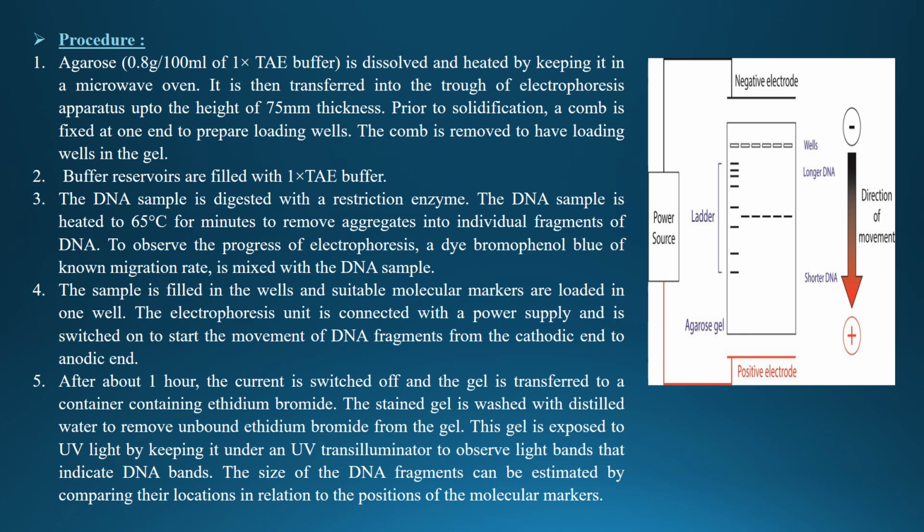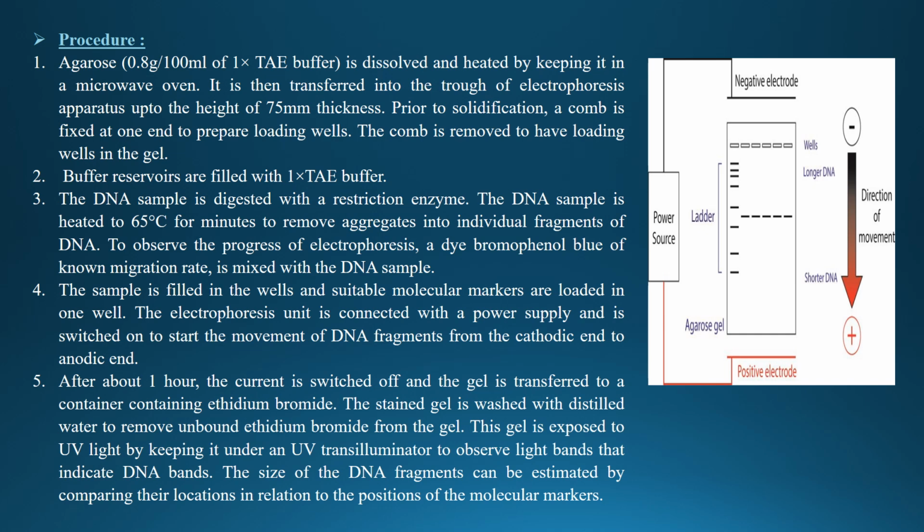The electrophoresis unit is connected with the power supply and is switched on to start the movement of DNA fragments from the cathodic end to the anodic end. After about 1 hour, the current is switched off and the gel is transferred to a container containing ethidium bromide. The stained gel is washed with distilled water to remove unbound ethidium bromide from the gel.